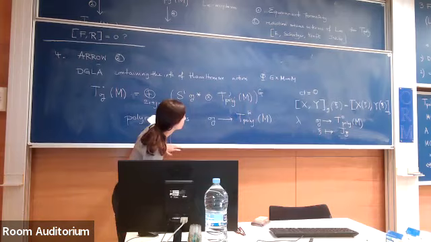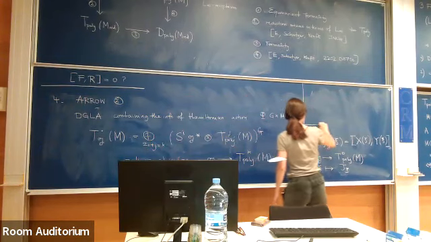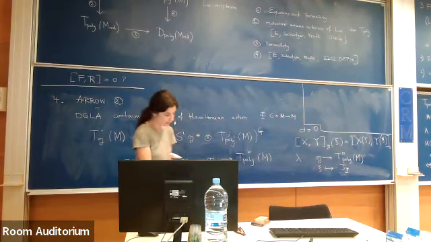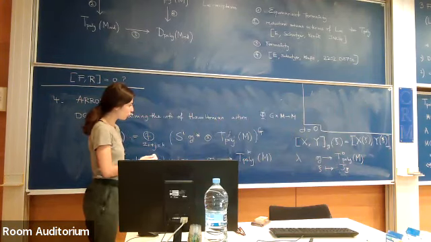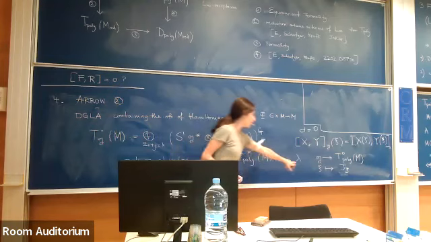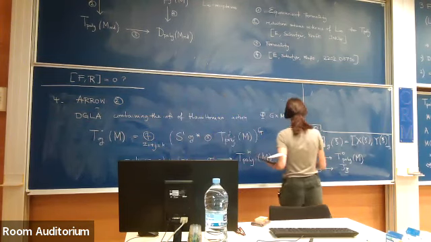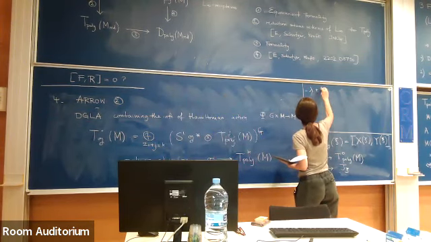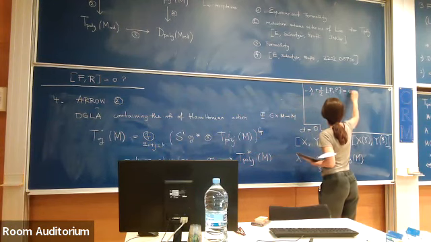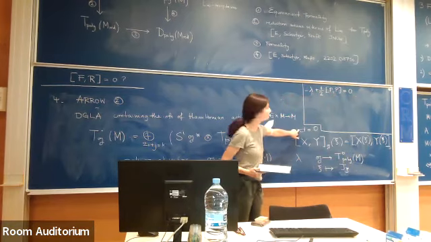So then what you can see is really why I say that this DGLA encodes the information of Hamiltonian action. Because now, if I want to look at Maurer-Cartan elements, the Maurer-Cartan equation has the curvature as well. So the Maurer-Cartan equation is this one. Because D is 0, we don't have it.